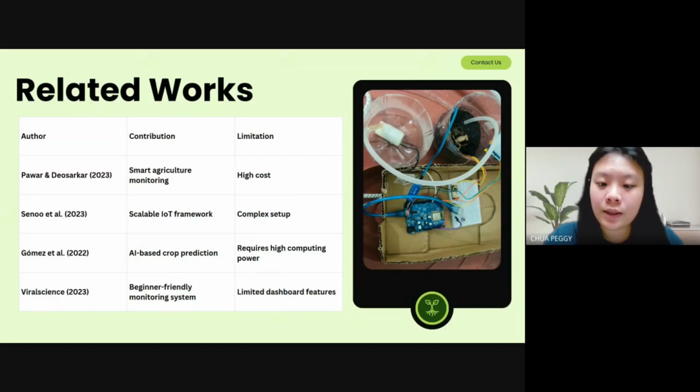However, it was a technical platform and difficult for beginners. Gonna integrated artificial intelligence into smart farming, but the system requires high computational resources and larger datasets. Vera Size demonstrated a simple IoT monitoring system using the Blynk platform, but it lacked advanced analysis and dashboard customization.